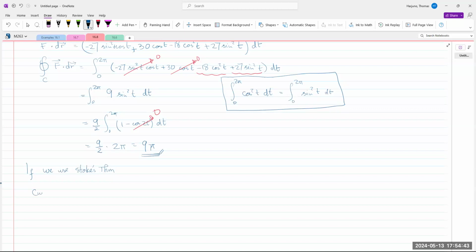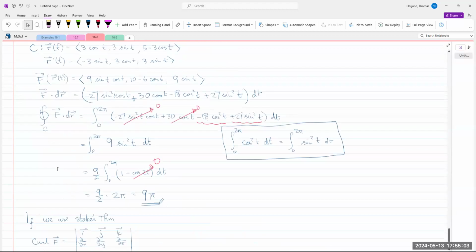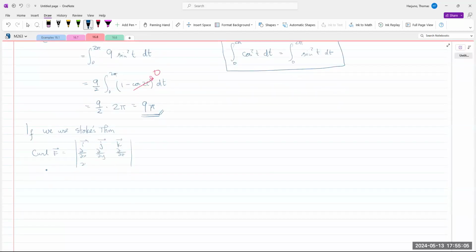Then the curl of F is the determinant with i, j, k, dou x, dou y, dou z, of, what is my F, xy, 2z, 3y.